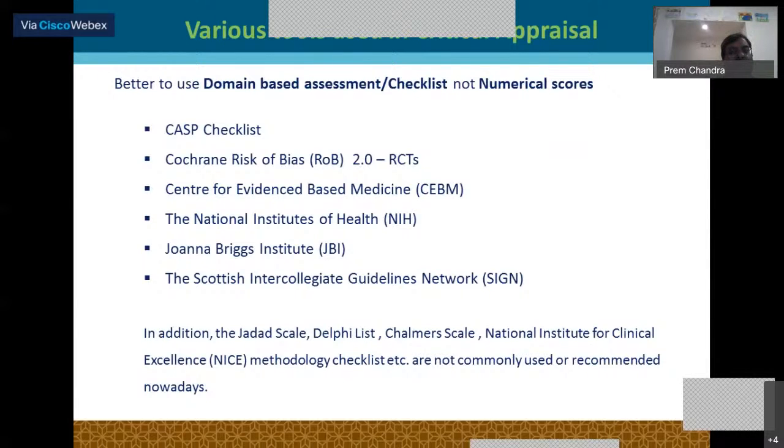When I say checklist, there are many checklists like the CASP checklist, Cochrane risk of bias, which we call ROB2, the Centre for Evidence-Based Medicine, we call CEBM, the National Institutes of Health, etc. These are the models which come under the checklist. In addition to that, when we say scale, there is the Jadad scale, Delphi list, Chalmers scale. I mean those kinds of scales which are not commonly used or recommended nowadays.